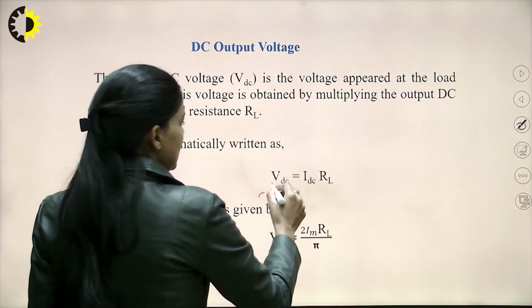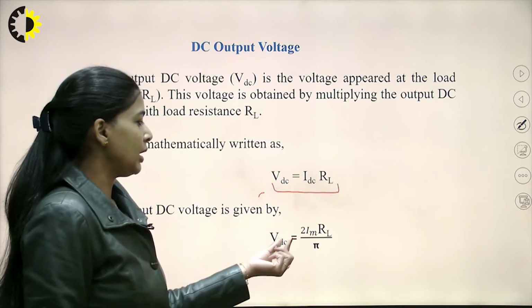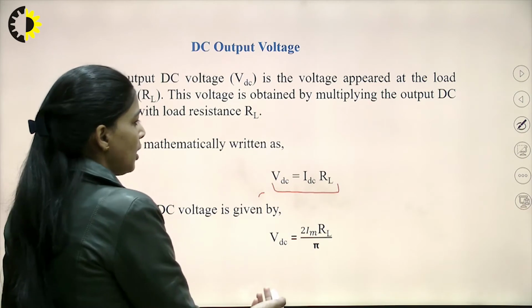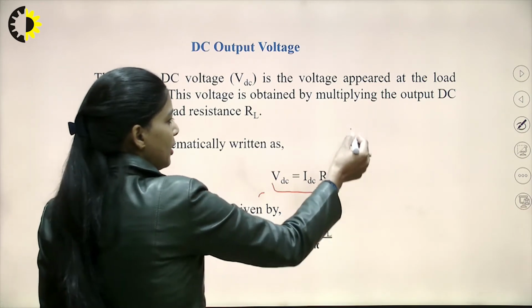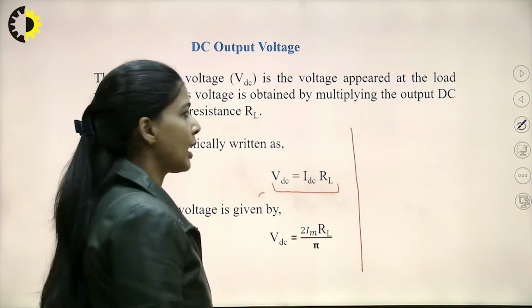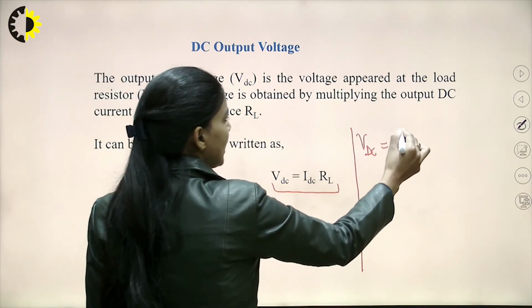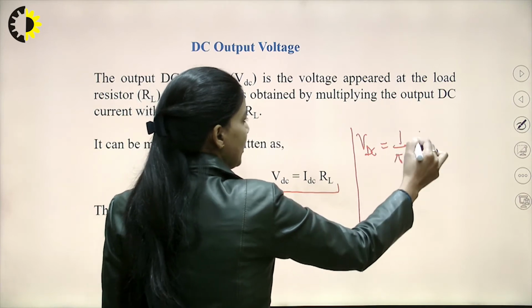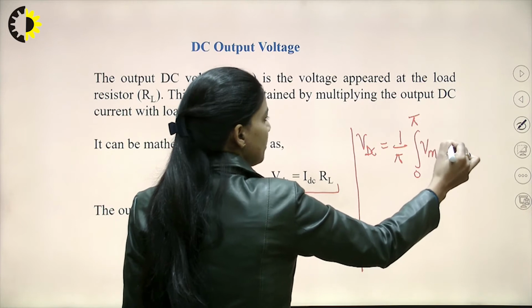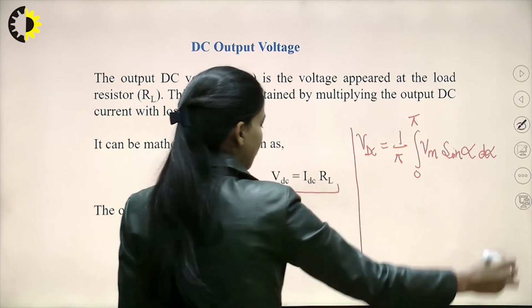So, VDC is IDC into RL. So, VDC we get 2 Im RL upon pi, or in other ways we can calculate it like we have done for the current calculation. VDC we can calculate as 1 upon pi integrating from 0 to pi Vm sin alpha d alpha.